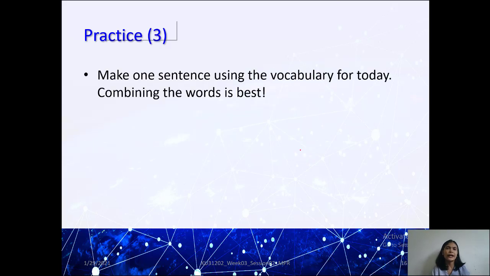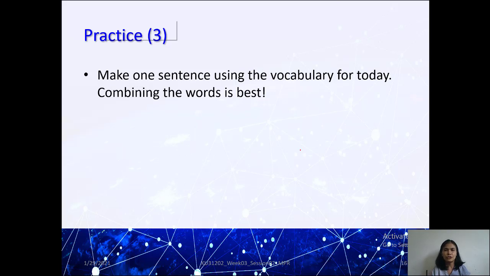Now, as our final activity for this week, I want you to make one sentence using the vocabulary for today. So we have been discussing the word apprenticeship. We also discussed some words about college, products and process and everything.